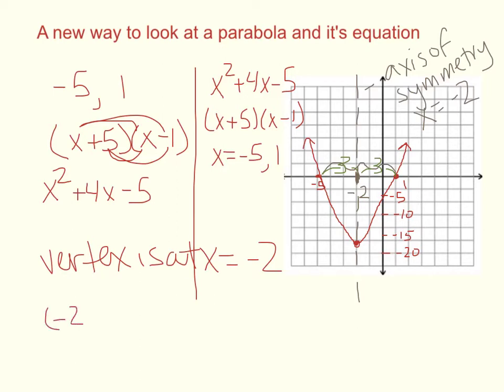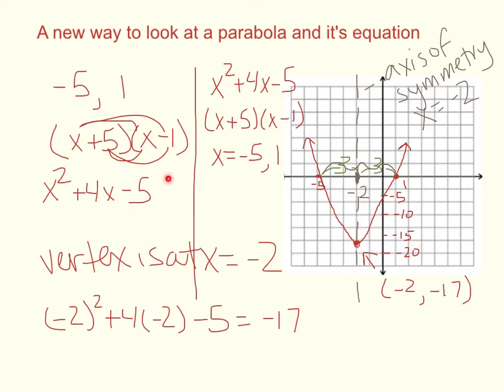We plug it in to our equation, and we're going to get -17. So this point right here, our vertex, is (-2, -17). So this equation right here is the equation of this parabola that has these roots and this y-intercept.